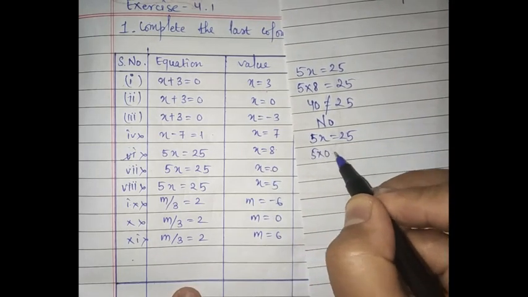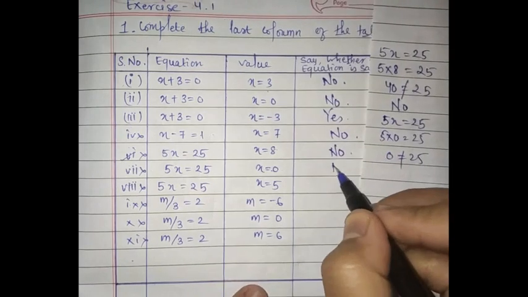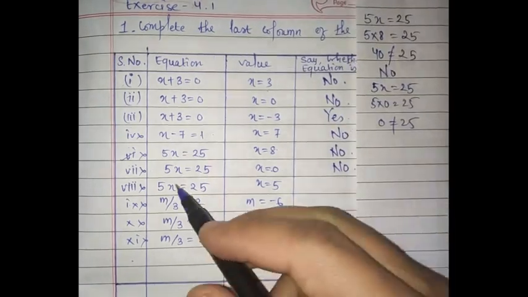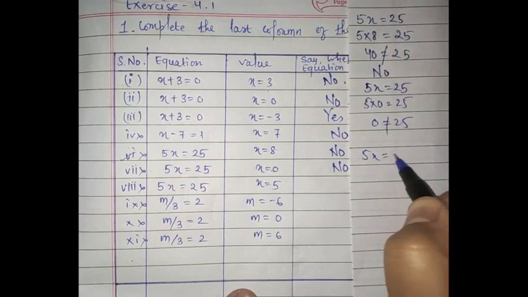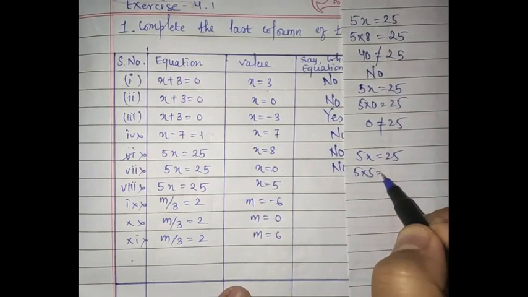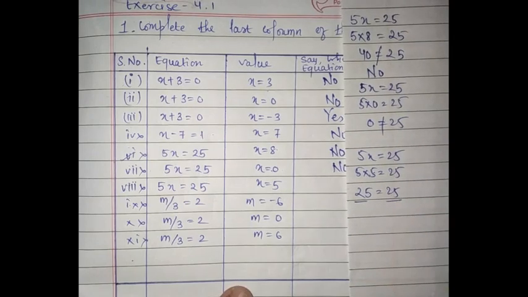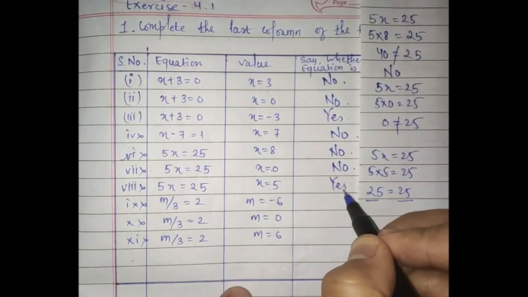So 5 into 0 is 0, which is not equal to 25, so it is no. Again, 5x is equal to 25, in which x value is 5. 5 times 5 is 25, which is equal to 25. So LHS and RHS both sides are equal, so we will write yes.